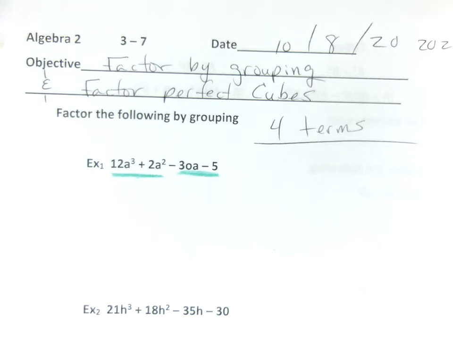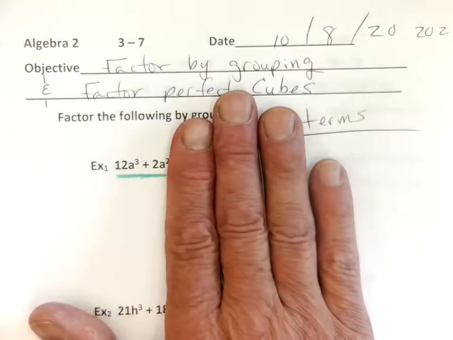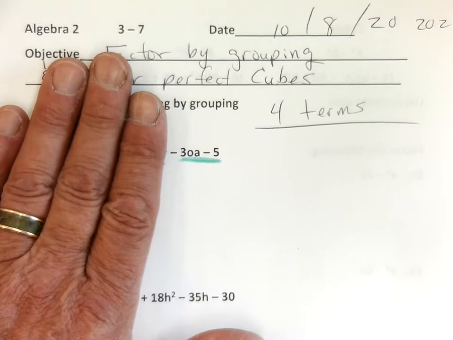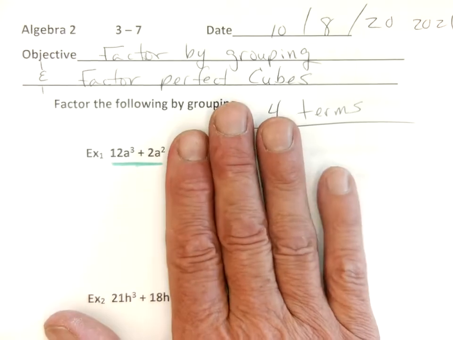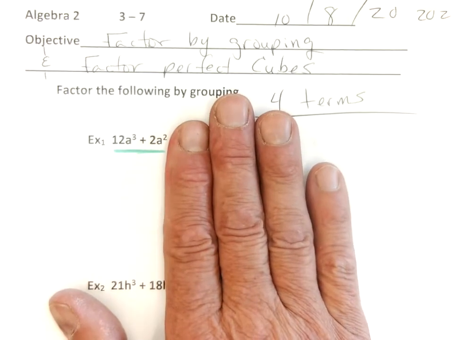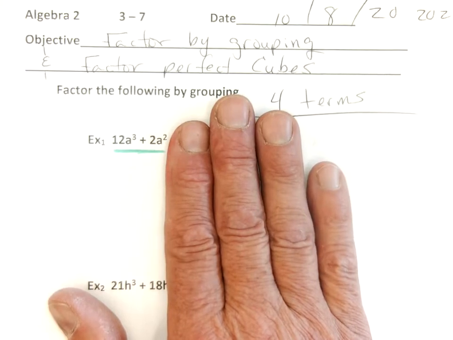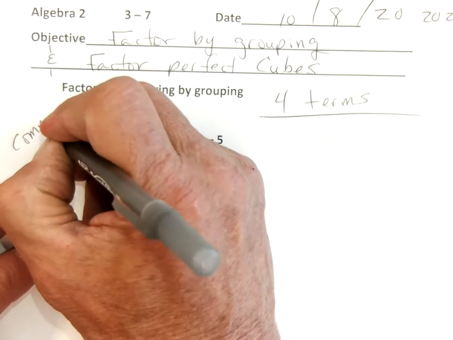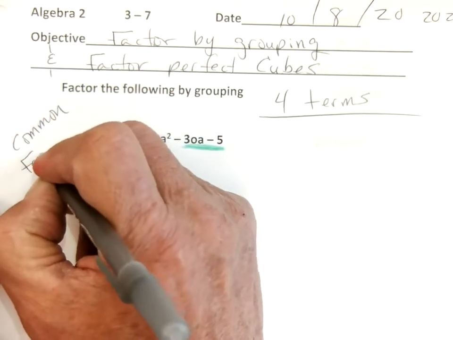So when I pair them up, I'm going to look at the first pair together and the second pair together. First, let's look at the first pair. Two days ago, we talked about common factoring.